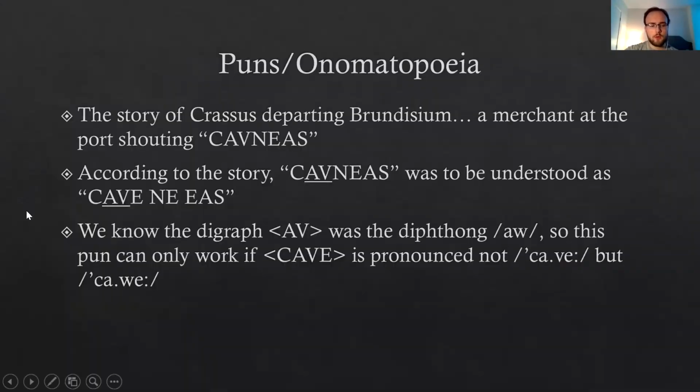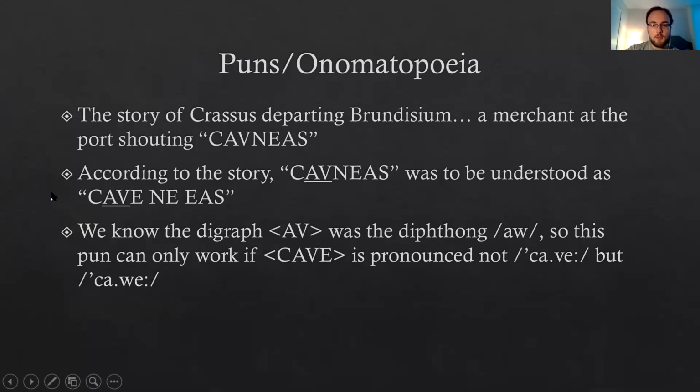Also useful for parsing a writing system for how language is spoken is puns and onomatopoeia, or like word sounds, bang, crash, thwap. I won't really get into onomatopoeia in this instance because it's a little complicated, but puns can be very easily understood.